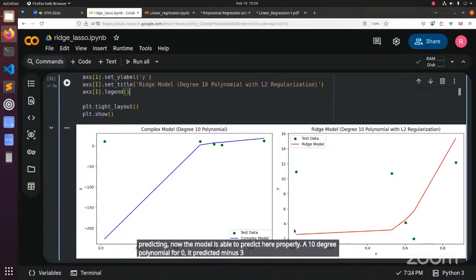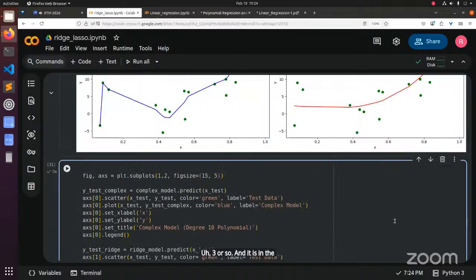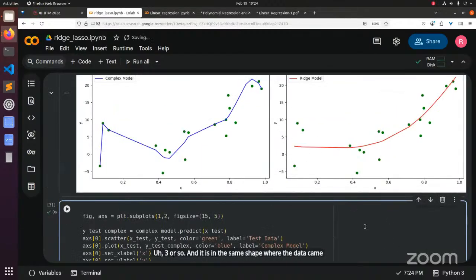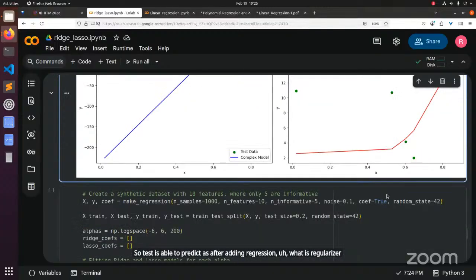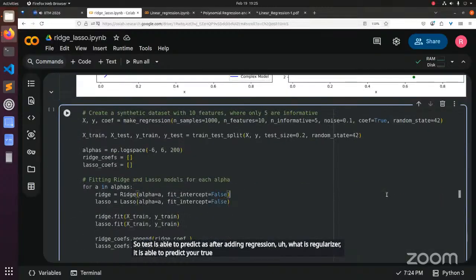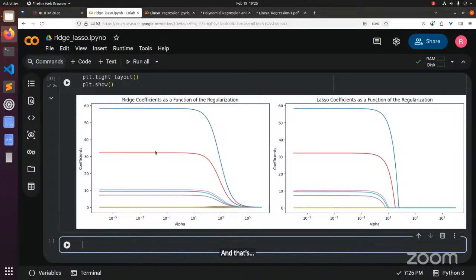Now it is predicting very close to 3 or so, and it is in the same shape the data came from. So after adding the regularizer, it is able to predict your true function behavior.